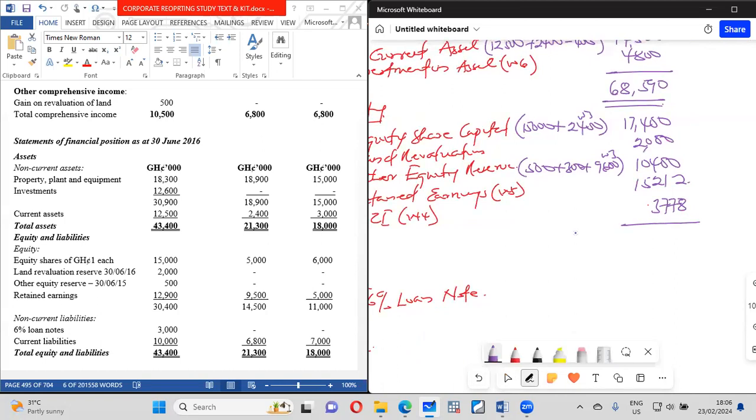When I total this, how much will I be getting? So what I have is 17,400 plus 2,000 plus 10,400 plus 15,212 plus 3,778. So together, all these things are giving me 46,990.